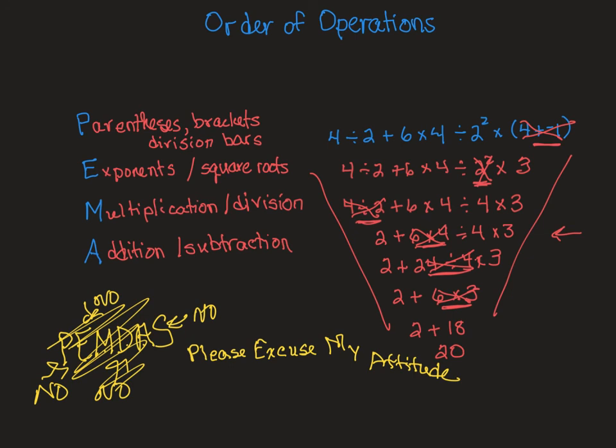So I want you to move on to the seventh grade version of order of operations. We're adding in some new things: brackets, division bars, square roots. Remember that order of operations is only four levels. Multiplication and division as it comes from left to right, addition and subtraction as it comes from left to right. Okay, good deal. Now you get to practice.